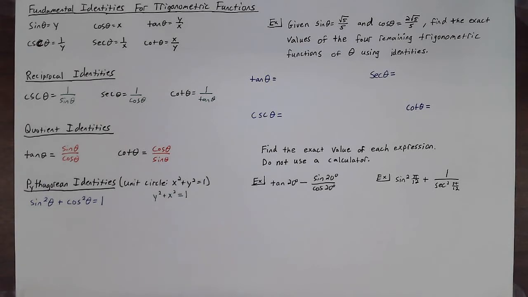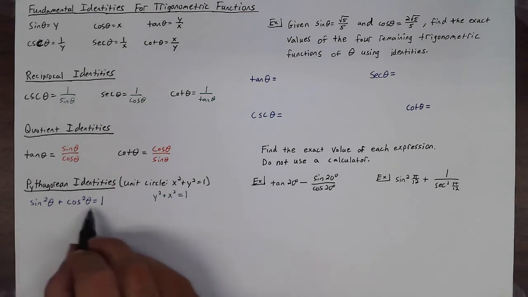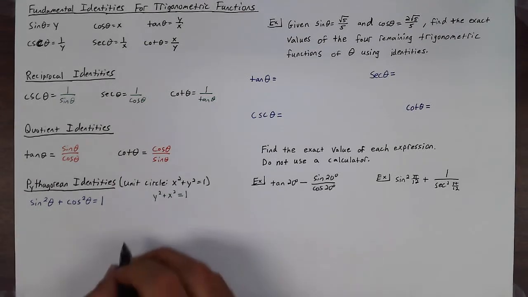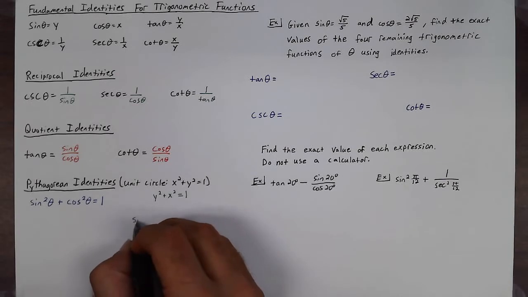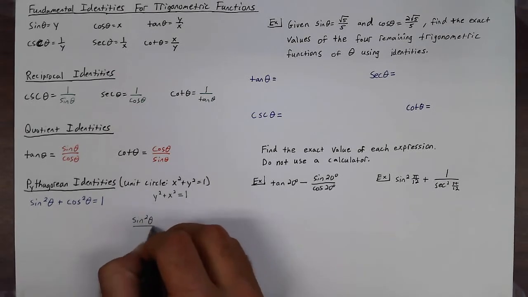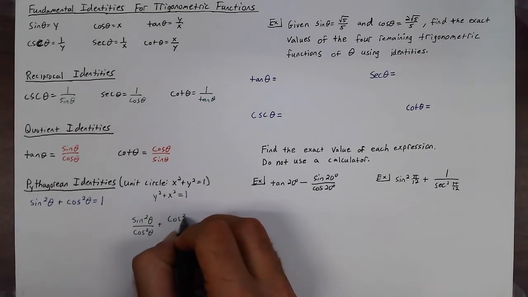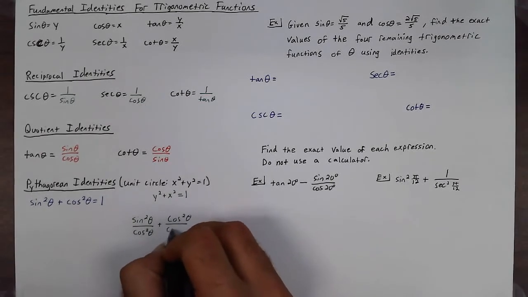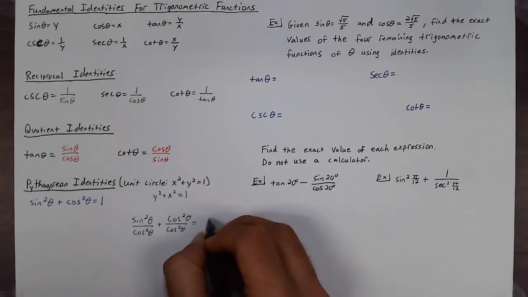Now, there are 3 Pythagorean identities, and they're all easily found. One of the first ones you can find is to divide everything by cosine squared of theta in the original Pythagorean identity, meaning we have sine squared of theta over cosine squared of theta plus cosine squared of theta over cosine squared of theta is equal to 1 over cosine squared of theta.